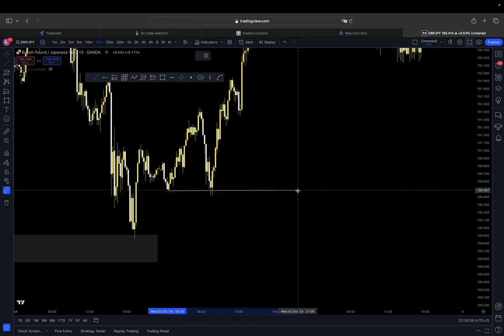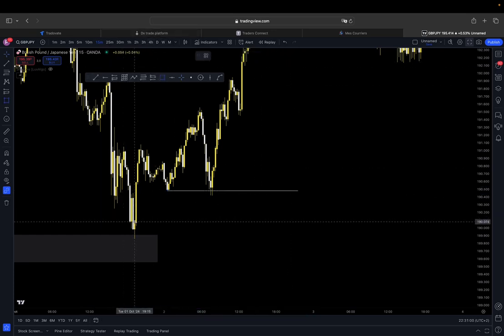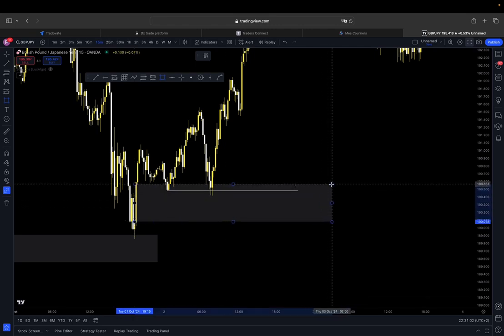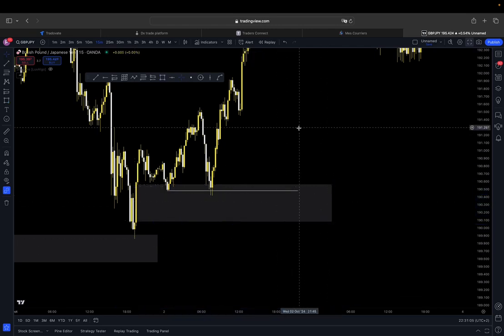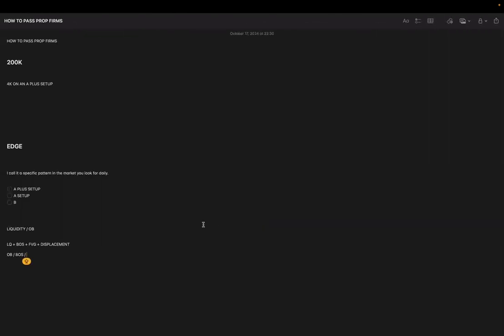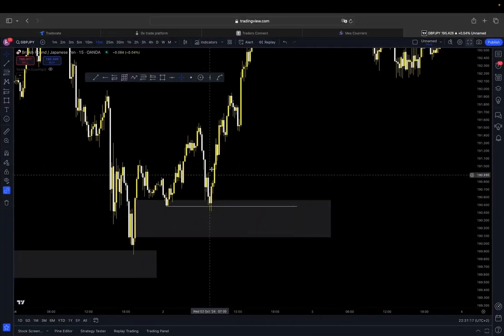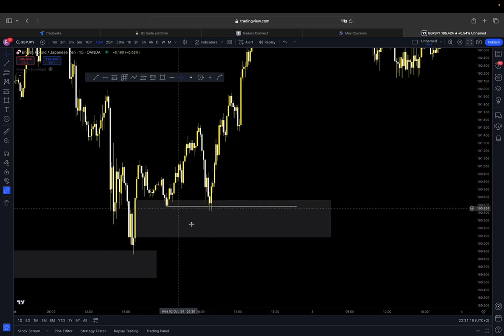Tapping into the fair value gap, plus a tap into the fair value gap. Okay. Now a break of structure to the upside, and another break of structure to the upside.